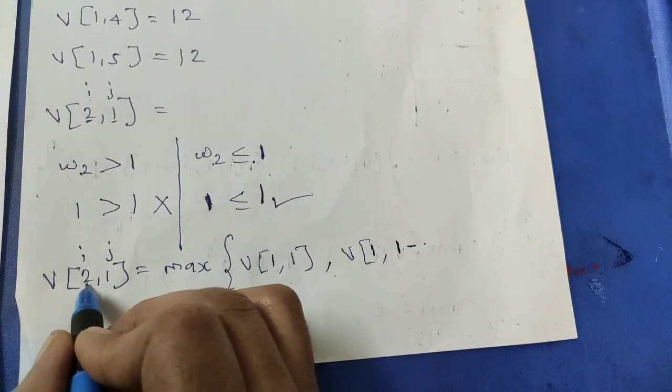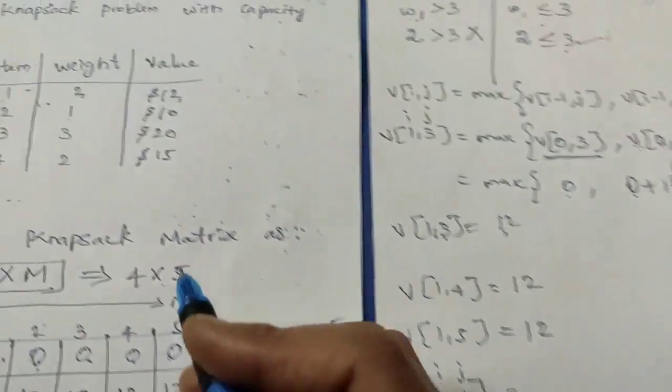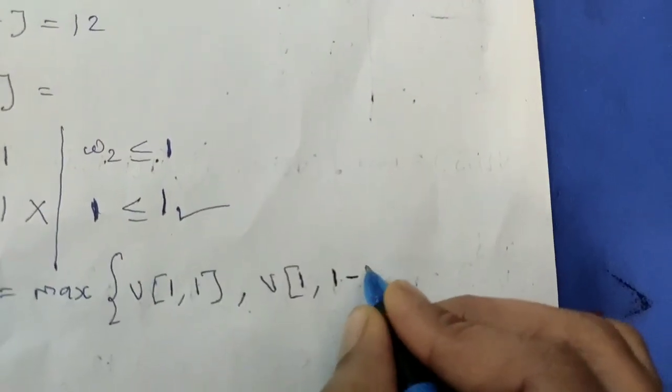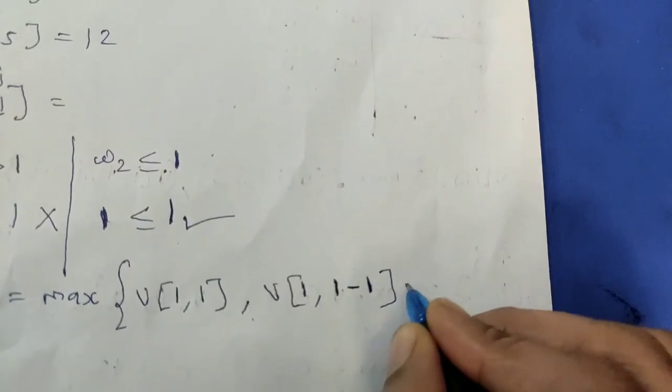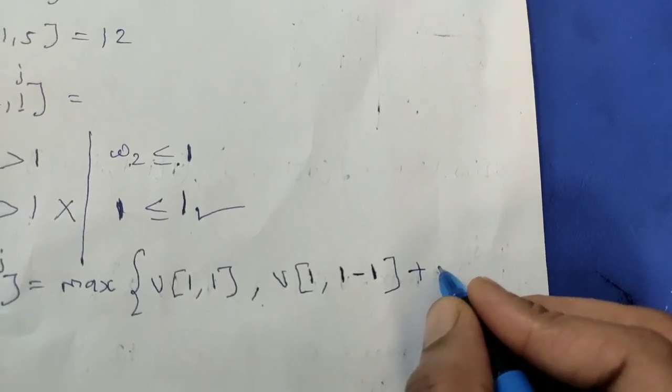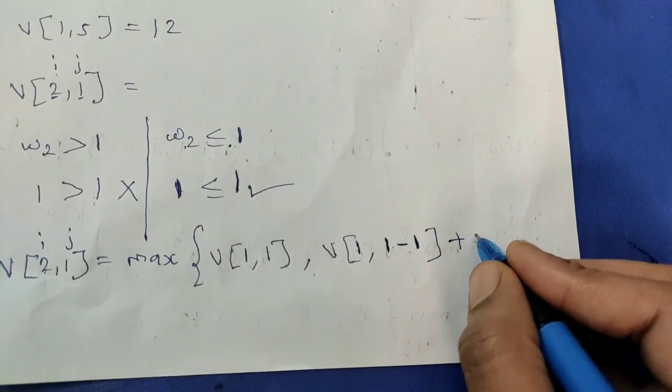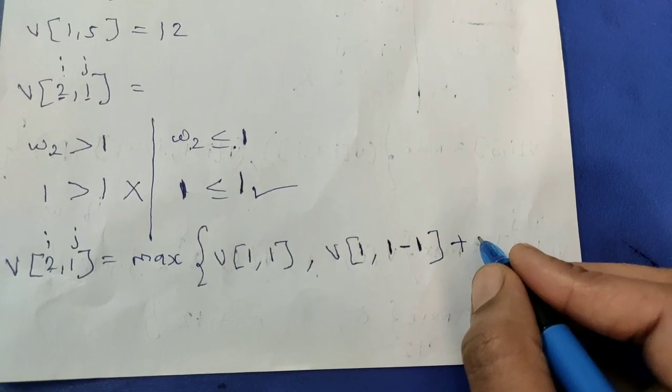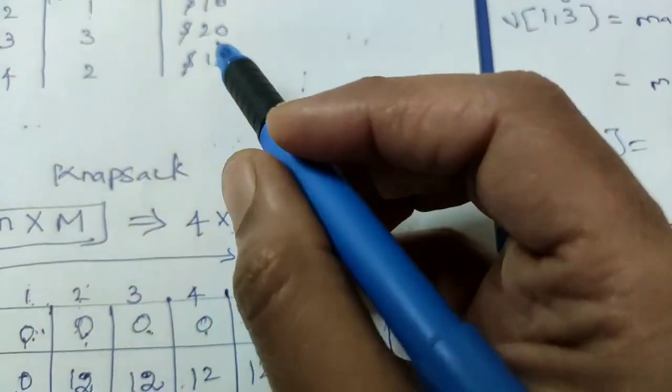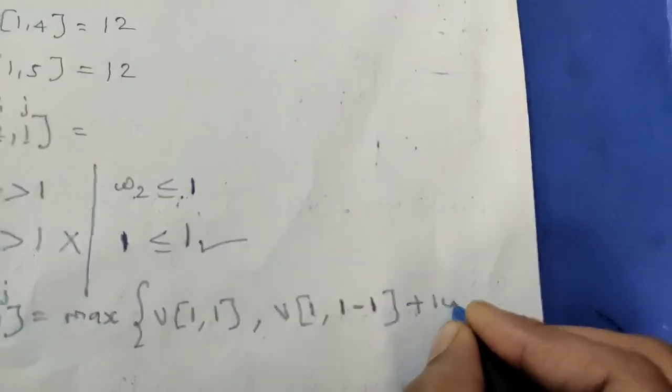Item 2 is getting processed, so the weight of the second item is 1. Plus the profit of the item which is getting processed, the second item. The profit of the second item in the given question is 10. So let us write 10 here.